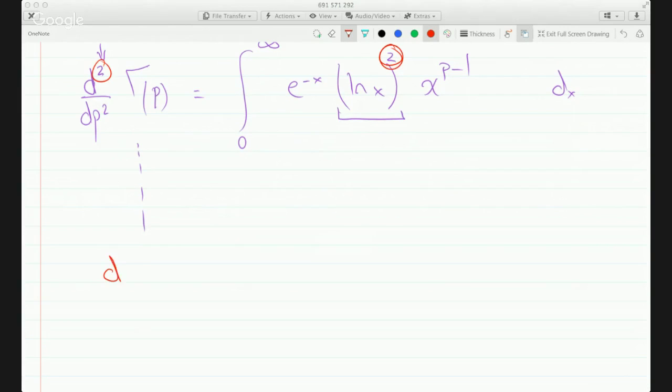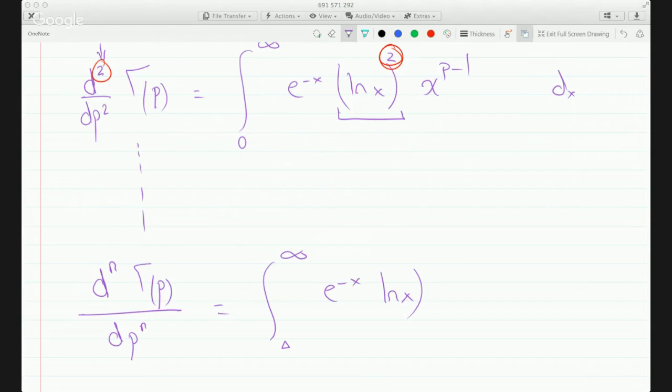So when you get to the nth derivative, you're just going to get the integral from 0 to infinity of e to the minus x, ln x to the n, x to the p minus 1 dx.